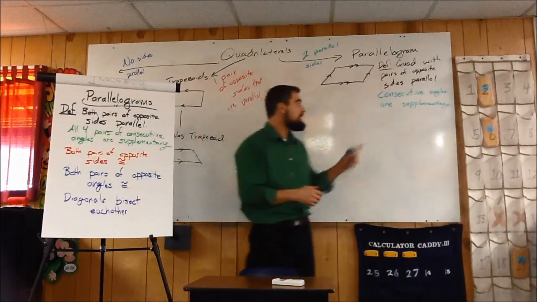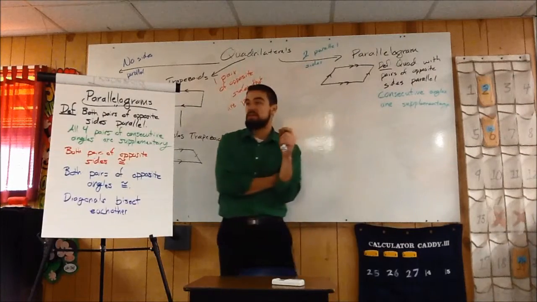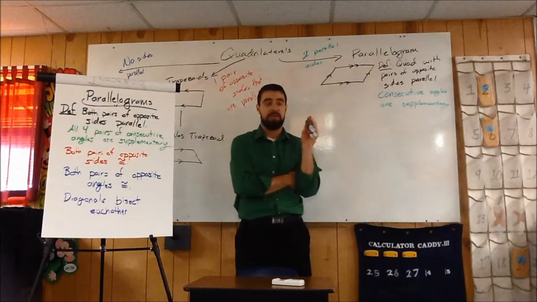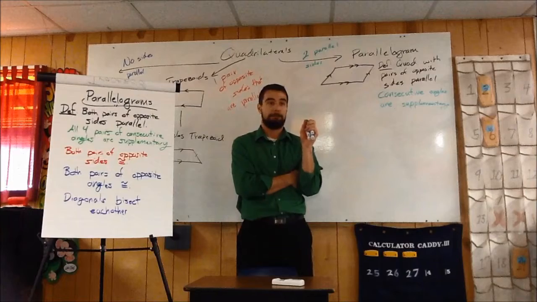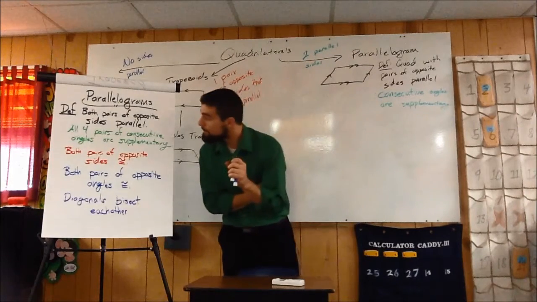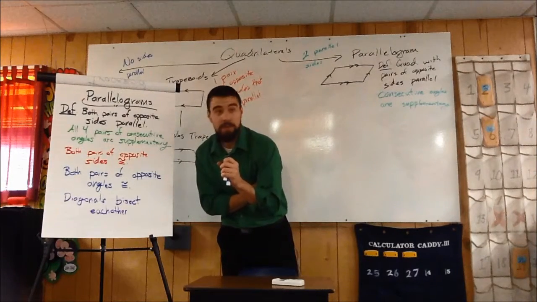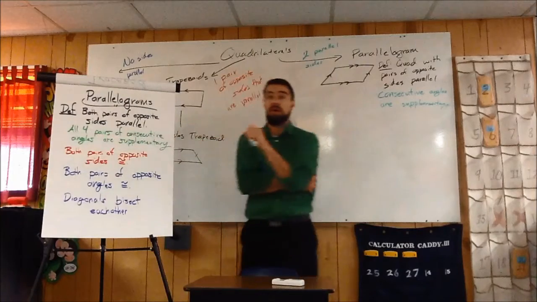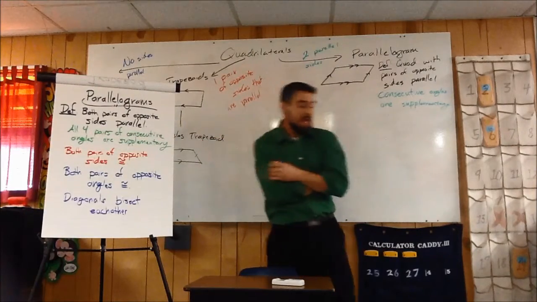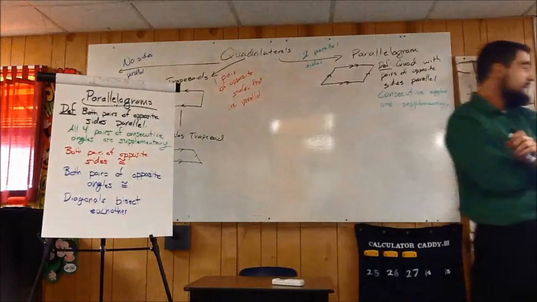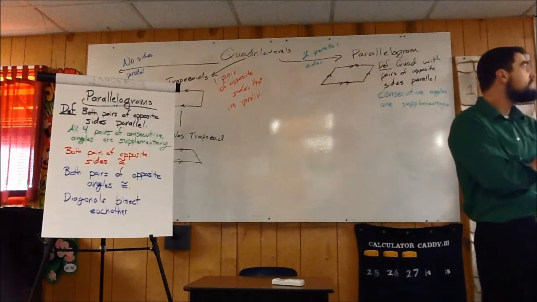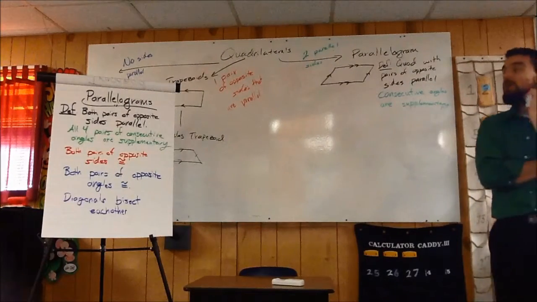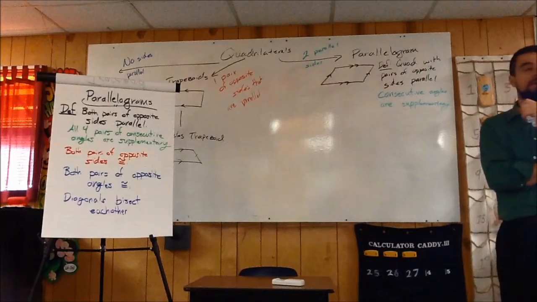Okay? How many pairs of consecutive angles are there in every quadrilateral? 4, right? Every single quadrilateral has 4. So all 4 pairs of consecutive angles are supplementary.